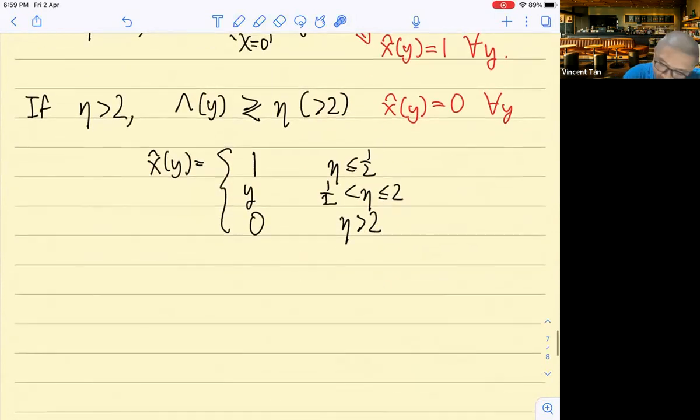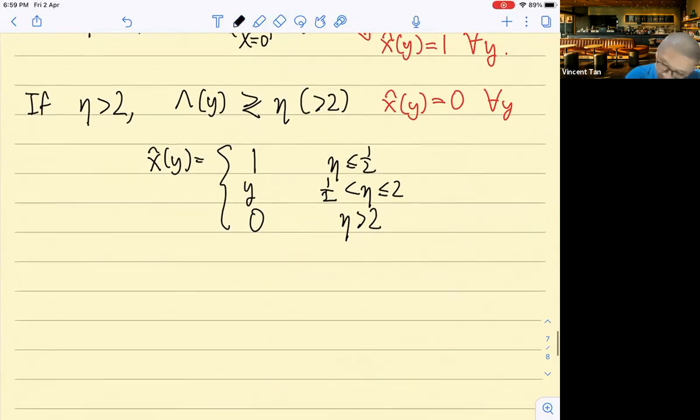So our job now is to calculate the error probabilities. For eta less than or equal to half, as we have seen here, x hat of y is equal to 1.